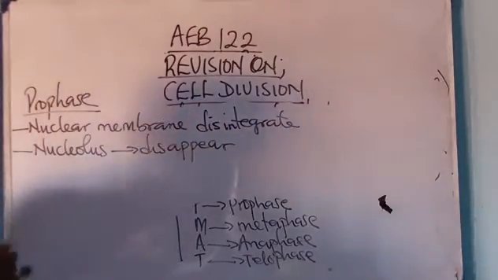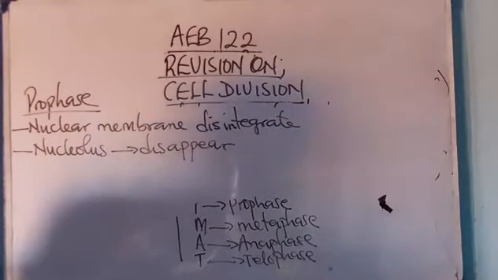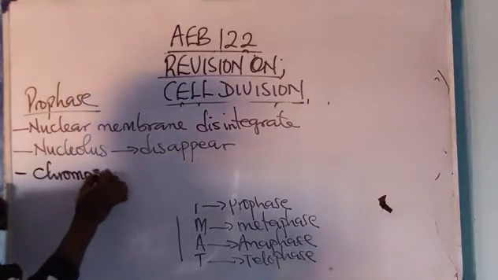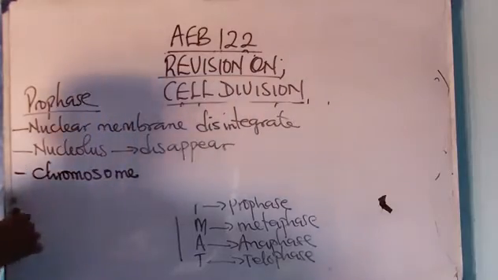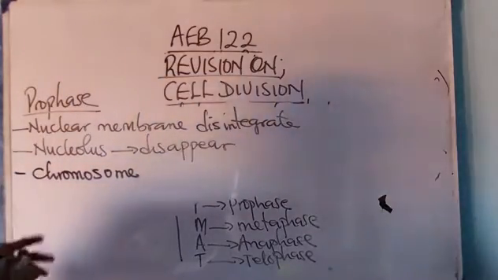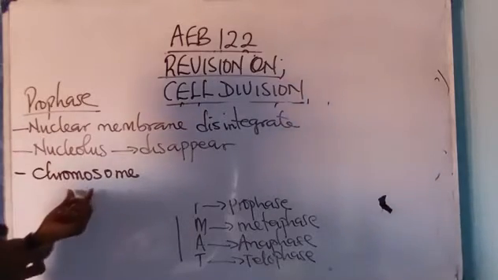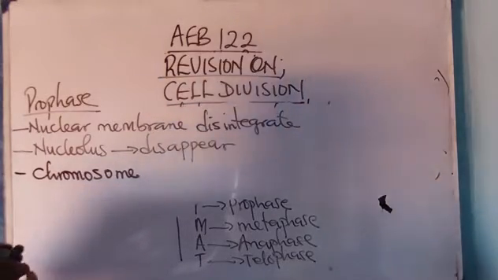Now in this prophase, the chromosomes don't occur as chromatin anymore. The chromatin will condense to form chromosome. Which means that in this prophase, chromosomes are formed when the chromatin in the initial stage condense. They form chromosome. Okay.